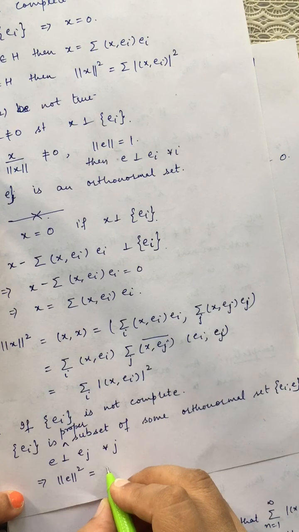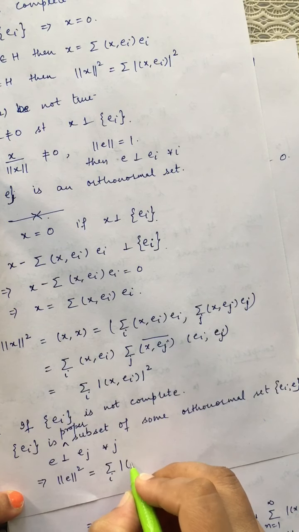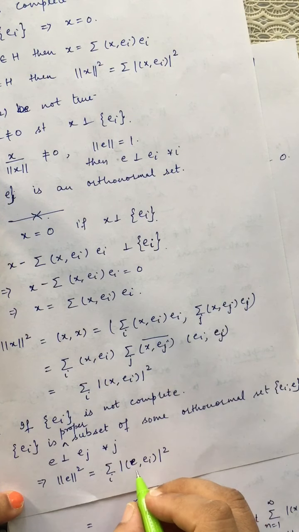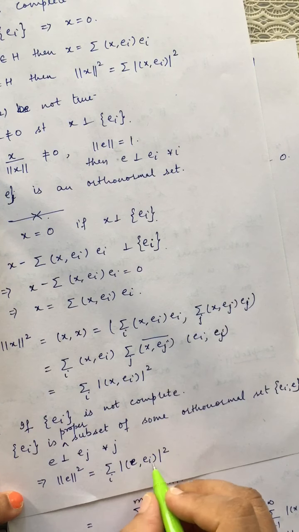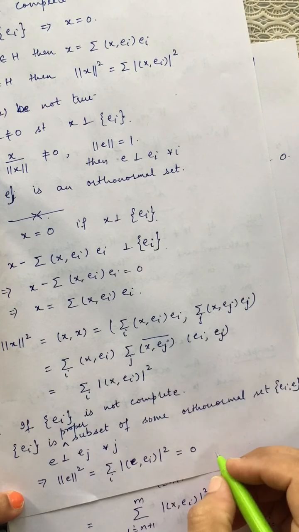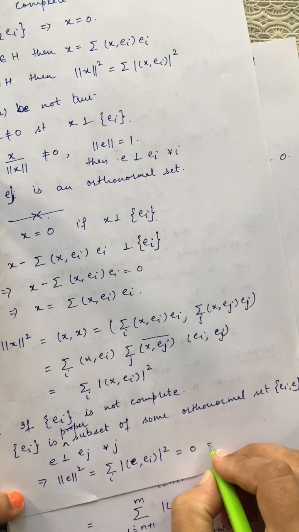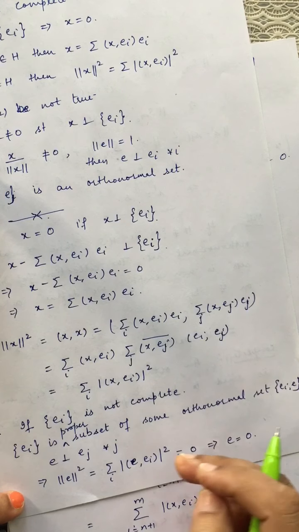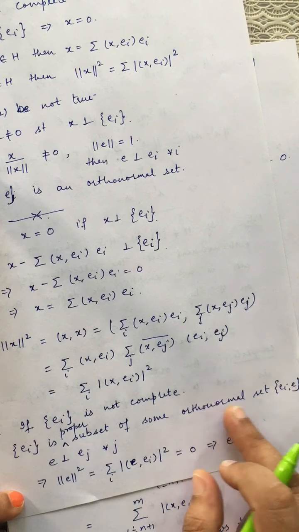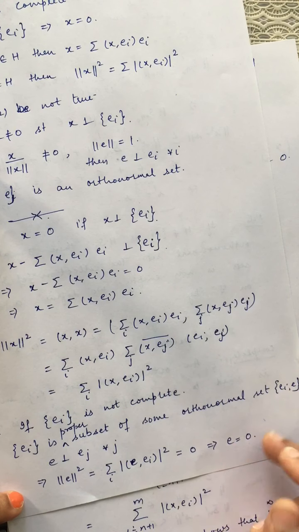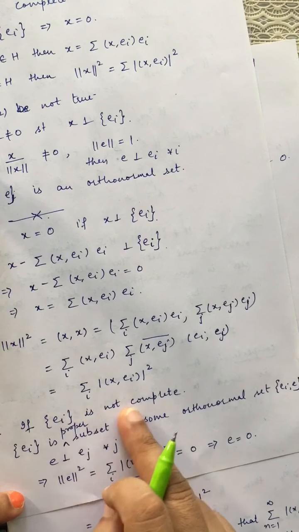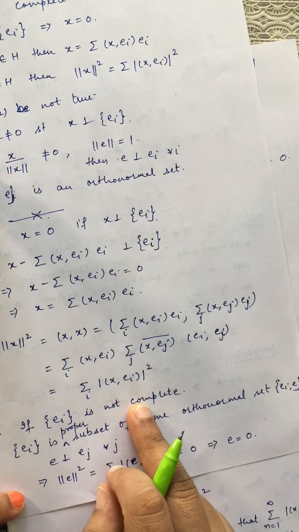So norm E square is just summation over I of mod of inner product E EI whole square. But also we are saying that E is perpendicular to EJ for all j. That means this inner product is 0 for every I. So if this is 0, that means the sum is 0. So norm of E square is 0, means E is 0. But we are saying that this is a unit vector because this E is a part of an orthonormal set, so it is a unit vector. But also we are proving E is 0, so this is a contradiction. It means this must be a complete orthonormal set.